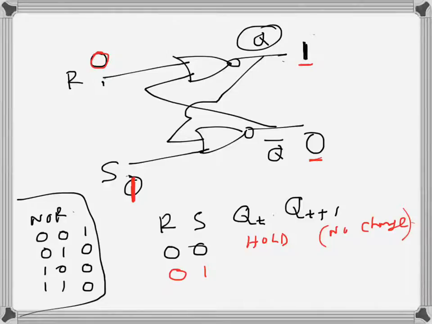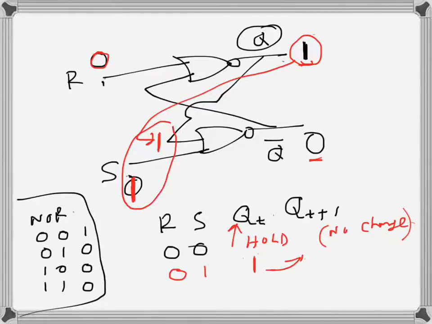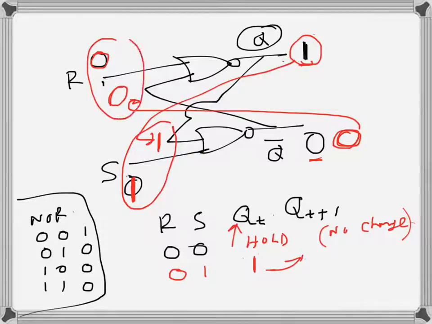We can start with any output actually, so this is 1 here, that's the present state, and this present state will also contribute to the final output, which is the next state. So this one again is 1, and this 1 and 1 is giving 0 here, and then this 0 and 0 is giving a 1 there. We see that it also hasn't changed, but there may be something else as well.